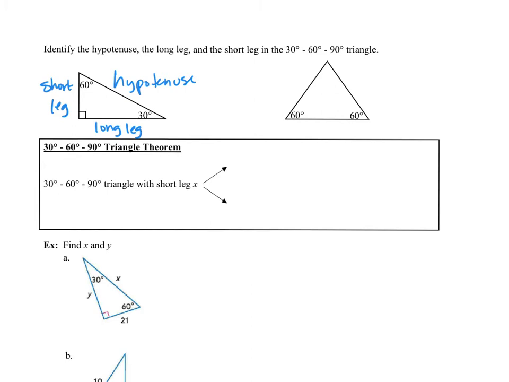So now let's do a little bit of work to see if we can derive our 30, 60, 90 triangle theorem. If you take a look at this triangle, we've got a 60-degree angle here, a 60-degree angle here, and obviously this is going to be a 60-degree angle. But I'm not going to label that angle because I'm going to actually draw an angle bisector. I'm going to bisect that angle, which is also going to be an altitude.